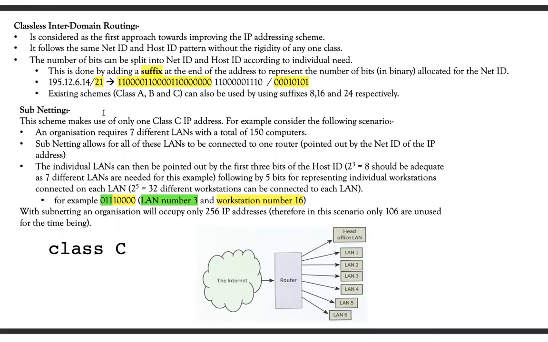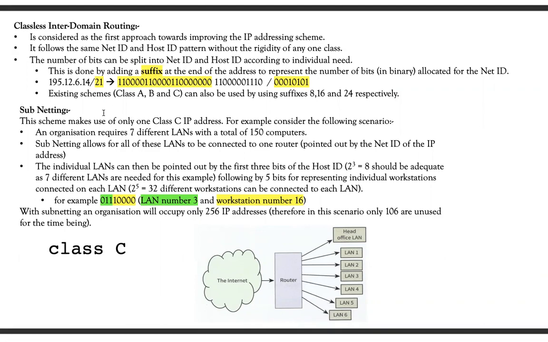So if you want different networks, you will need different net IDs, obviously. Now, subnetting allows us to create different networks without using different net IDs. This approach allows us to use a lot of different IP addresses by not wasting IP addresses. Subnetting allows us to not waste any IP addresses at all.